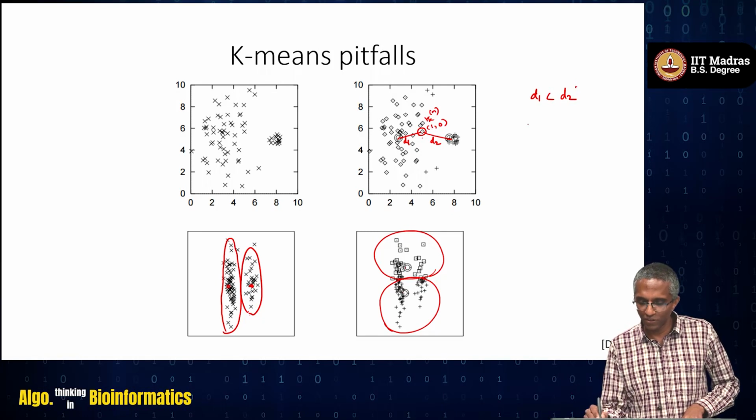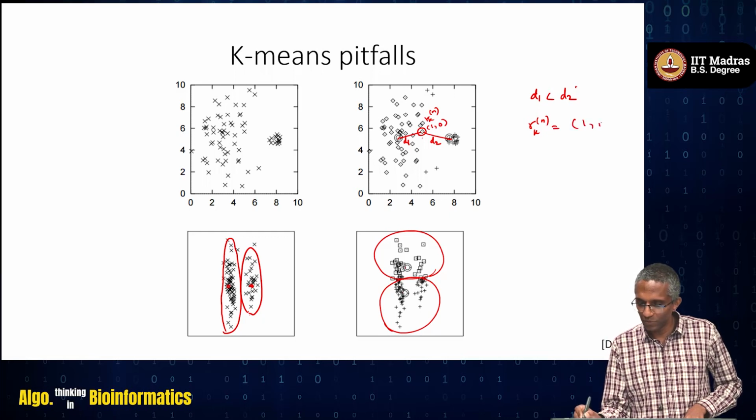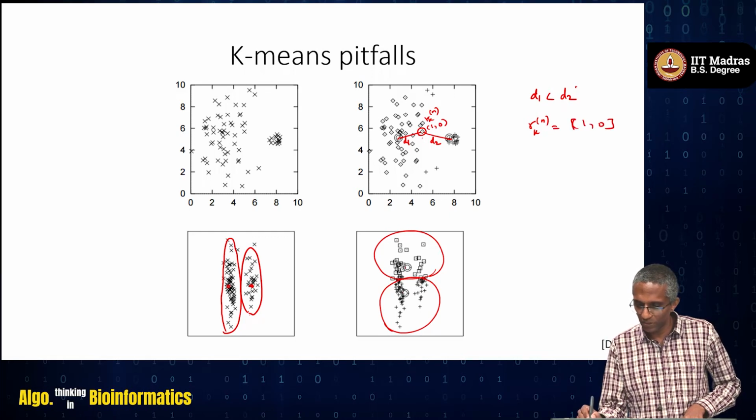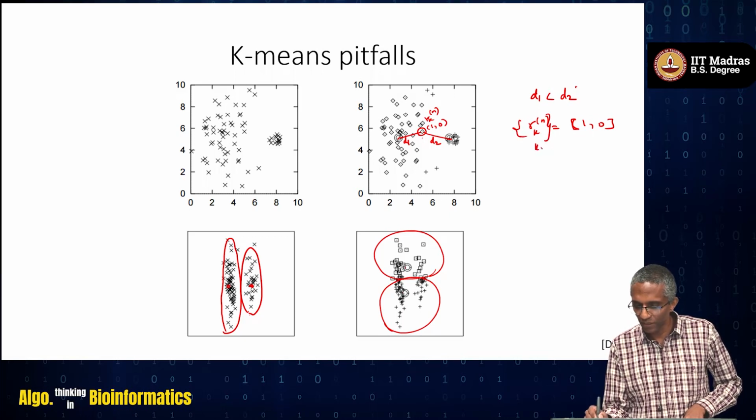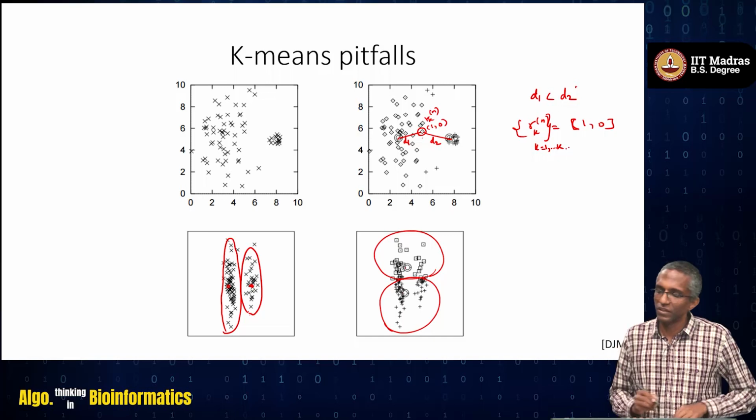So it's the vector 1 comma 0 across all k equal to 1 to K.